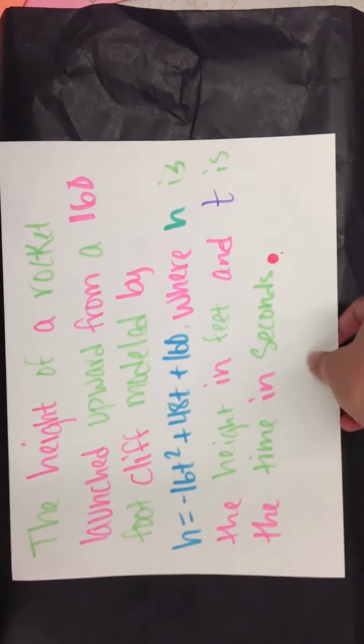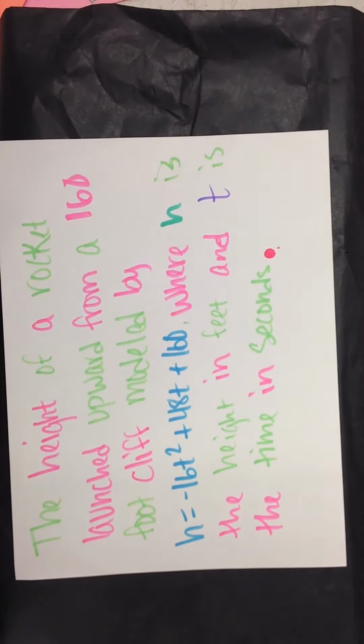Alright, here's our last example. The height of a rocket launched upward from a 160-foot cliff is modeled by h equals negative 16t squared plus 48t plus 160, where h is the height in feet and t is the time in seconds.